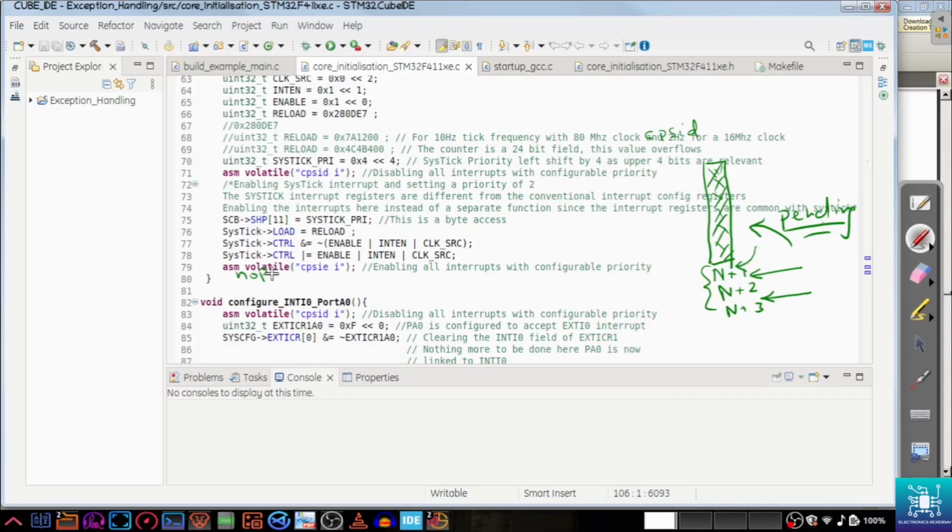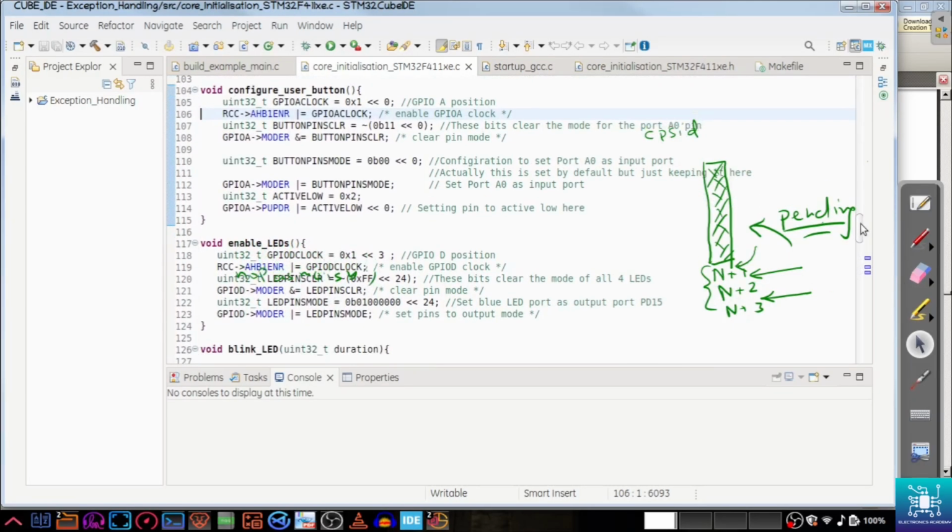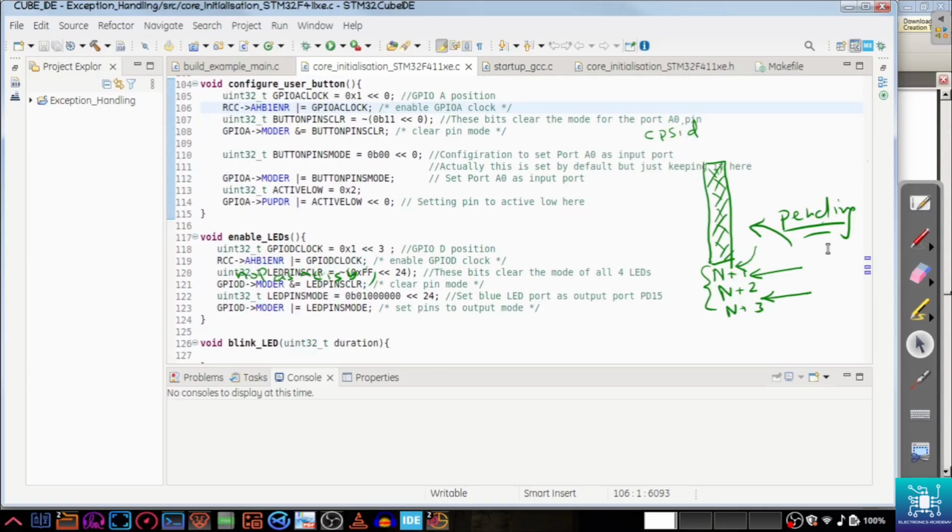So it should be ASM ISB. Since we do not have a requirement of immediately executing a pending interrupt after CPSIE, we don't have an ASM ISB here, but that is the use of ISB. The ISB instruction has a lot of other applications.